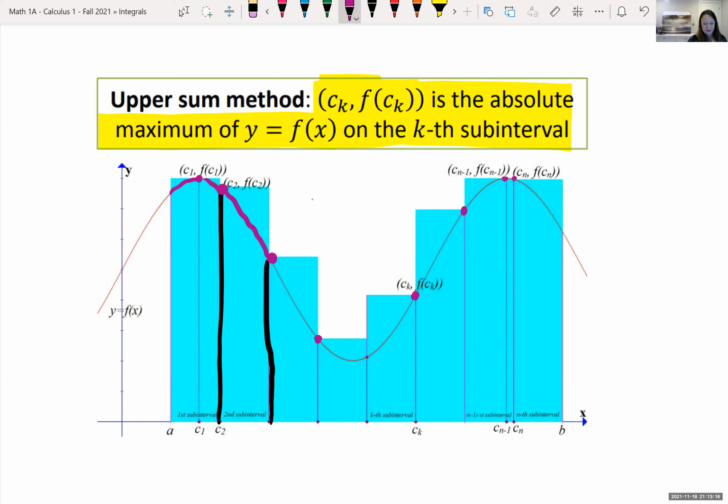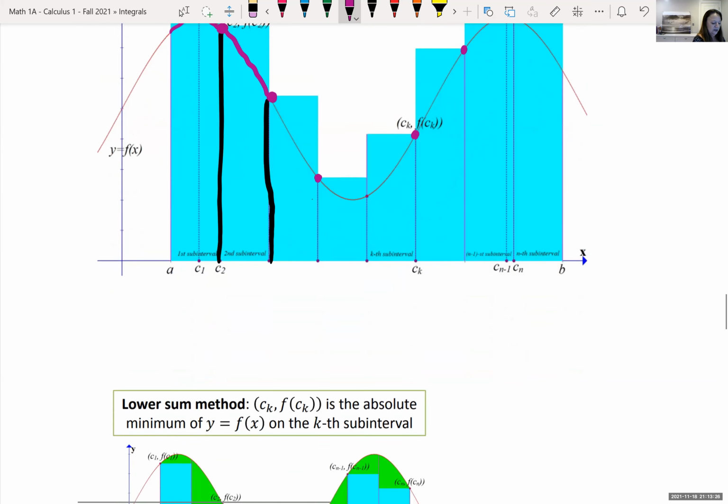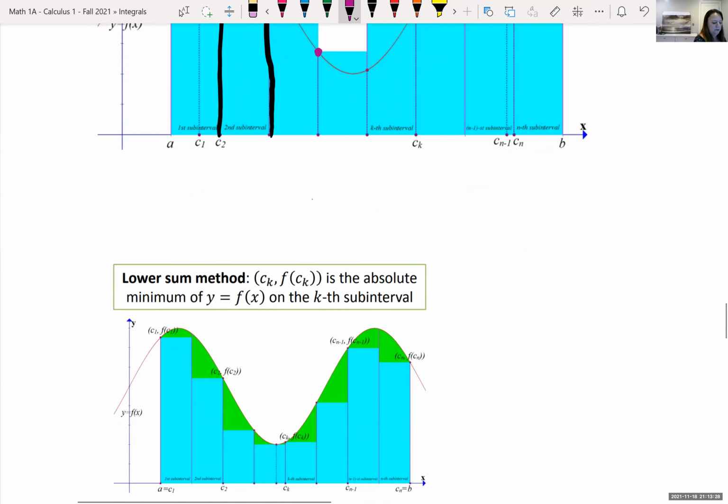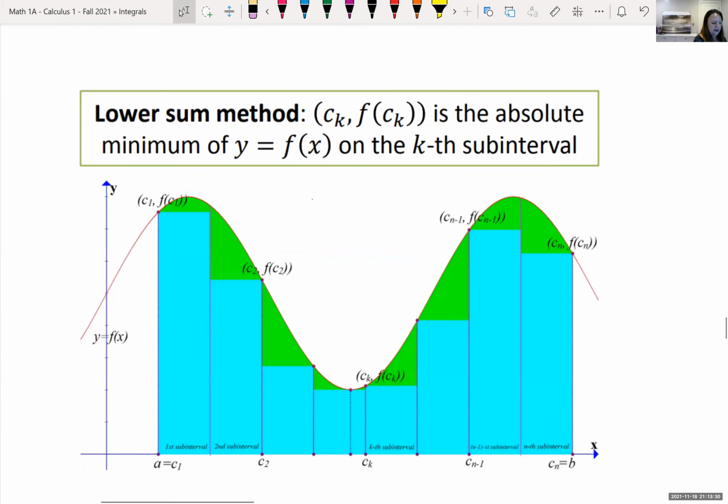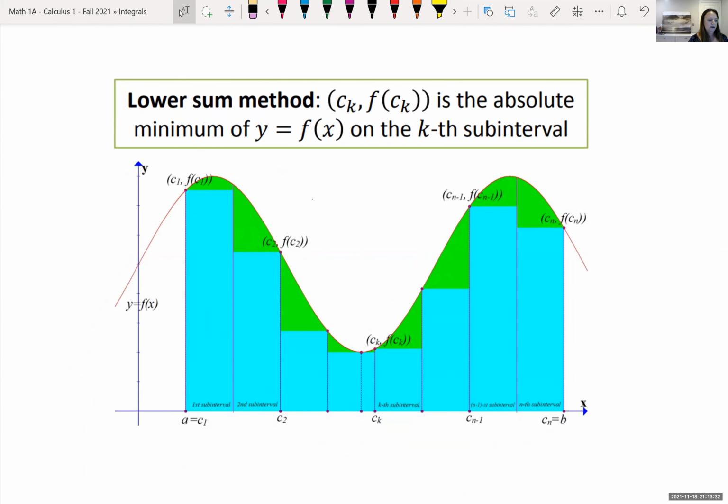The lower sum method is where we're going to look at the smallest value or smallest height that that rectangle can be. So the lower sum, if we were to look at it this way, you're going to look at your point. It's the absolute minimum of y equals f of x on that kth interval.